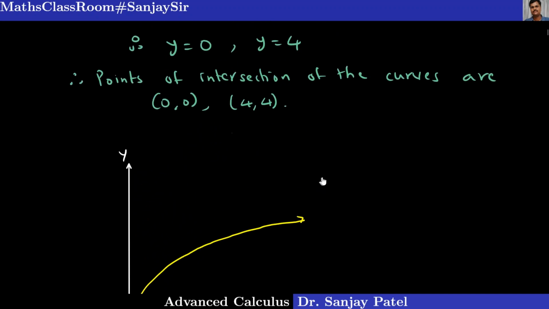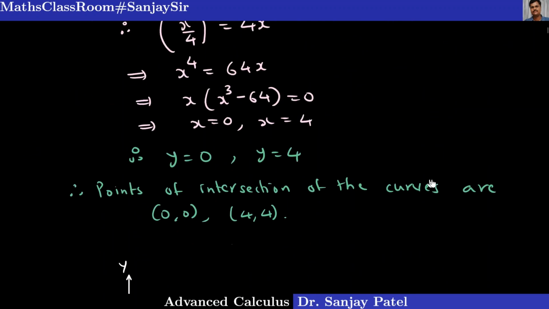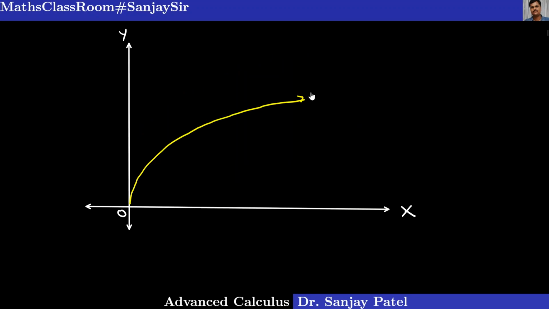function y is equal to x square by 4, which is a parabola. This is y is equal to 2 root x. Let us call this y is equal to 2 root x. Roughly we'll get this kind of graph, and the other graph I am taking is y is equal to x square by 4.